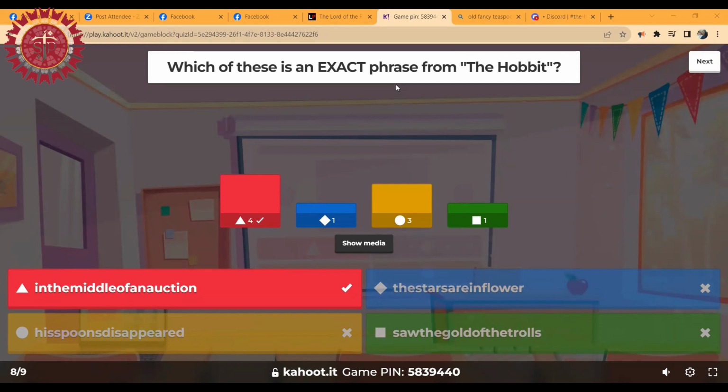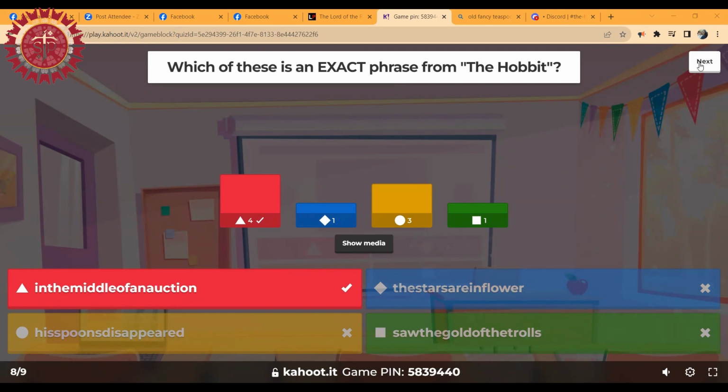His spoons, connecting the sounds that are similar. And "saw the gold of the trolls," the same. So we reduce the words that are not as important, and that makes our speech more natural, more English, let's say, in a way.